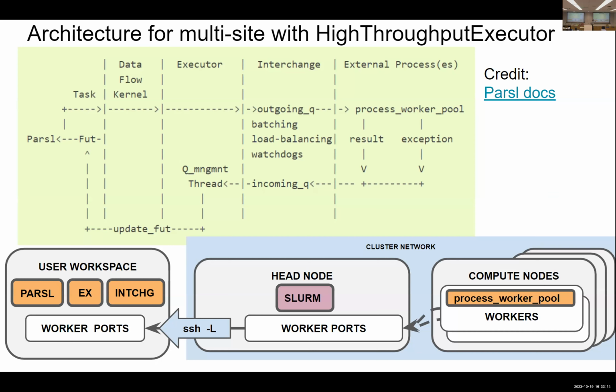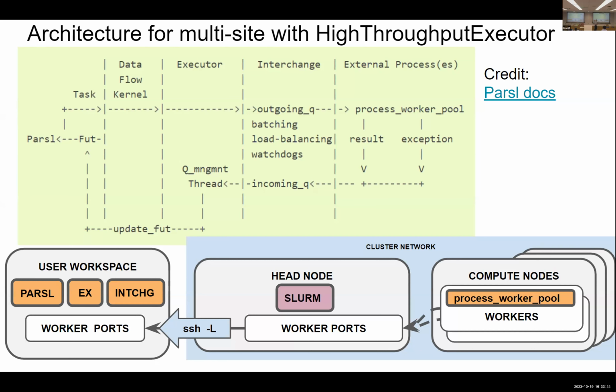And so this could be your laptop, this could be the ParallelWorks platform. This is where your Parsl script is running. This is the cluster that you've attached, and then there'll be multiple clusters down below the slide. And the key part here is that the main connection point that gets jobs, the Parsl apps, going through the exchange or the executor to the interchange, they have to go through worker ports to get to the workers.